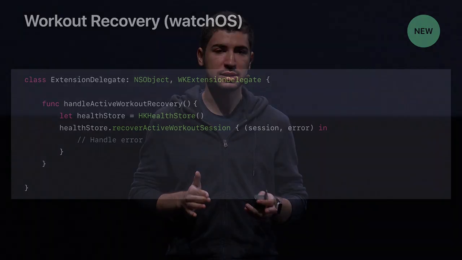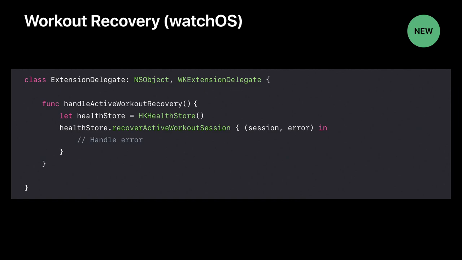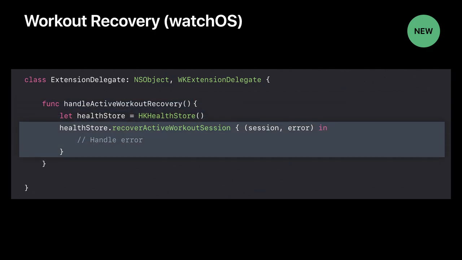If your app is relaunched after a crash, we will be calling the WatchKit extension delegate method handle active workout recovery. From there, you simply need to create a health store object and then call recover active workout session, and you will get back a session in the completion handler.